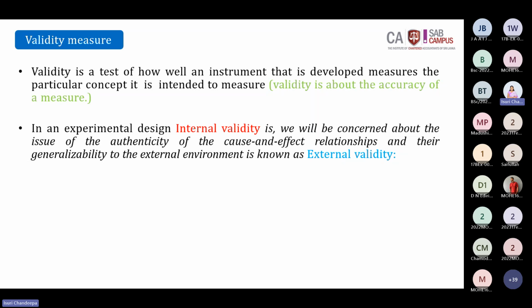And then the generalizability to the external environment is identified as external validity. For example, for external validity, we are sharing the questionnaire with the SMEs. Same research, A and B, the relationship between A and B in the SME sector, right?